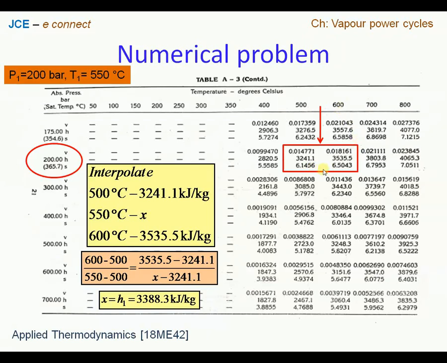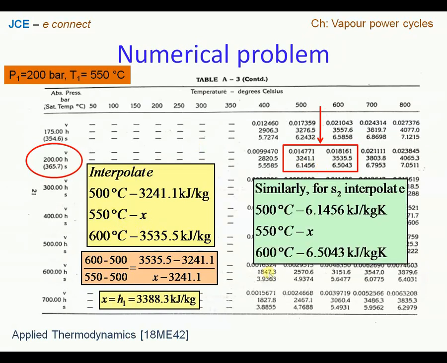Similarly for 600 degrees Celsius the entropy is 6.5043 kilojoule per kg Kelvin, and for 550 degrees Celsius we don't have the entropy, which is taken as X. Following the same procedure as for enthalpy, for 500 degrees Celsius we note the entropy from the box above, for 550 degrees Celsius it is unknown, therefore X, and for 600 degrees Celsius we pick up the value from the box as shown.